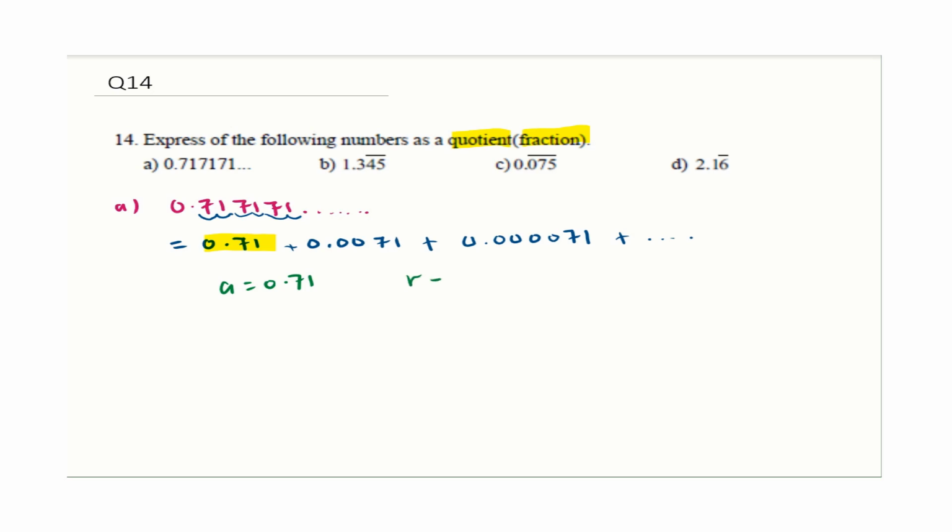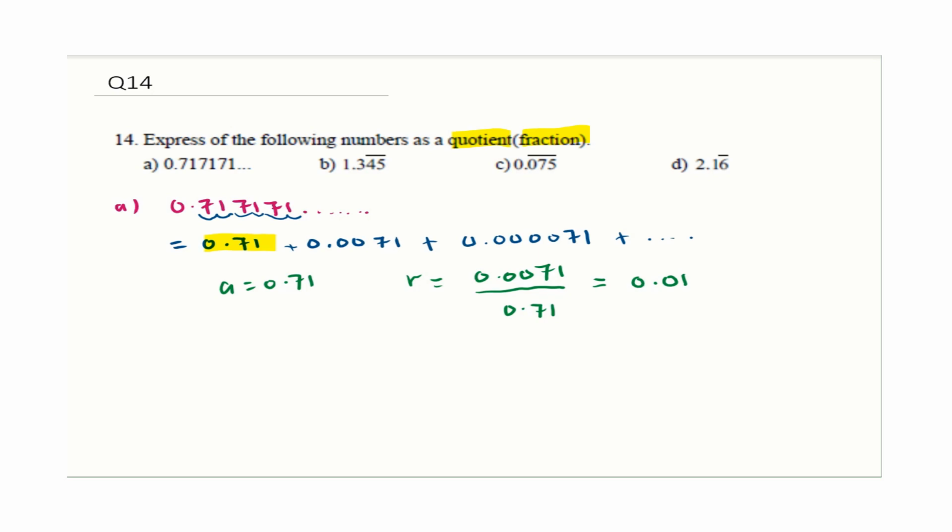Dan R common ratio 0.0071 divided by 0.71, and we get R equals to 0.01. Okay, so common ratio kita 0.01. So then kita nak express number as a quotient.